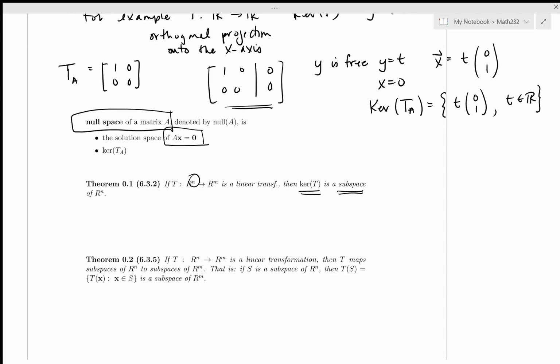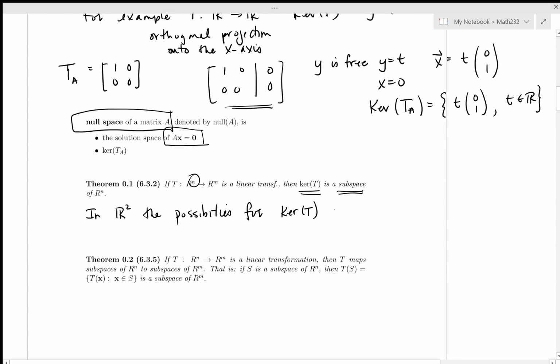So knowing that it is a subspace, we would have that in R2, the possibilities for the kernel of T are the following.